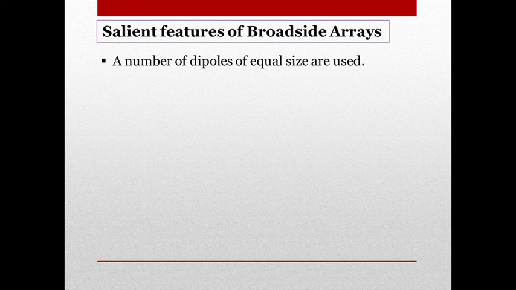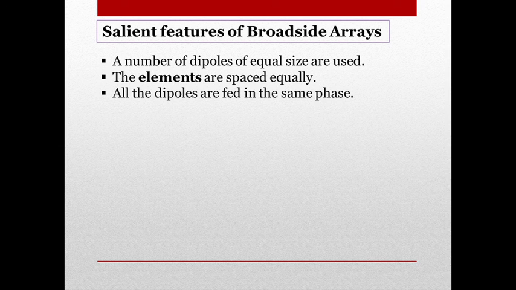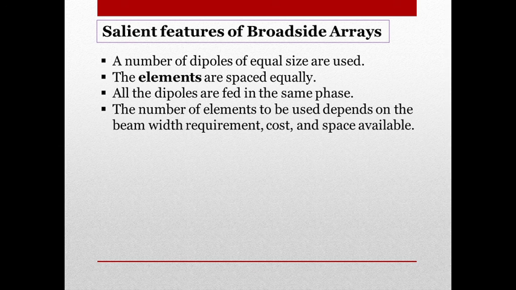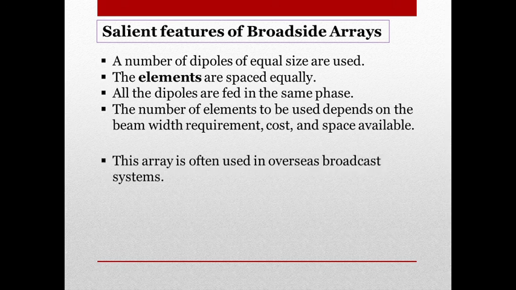Now, salient features of broadside arrays. Salient means unique features. The first one is that a number of dipoles of equal size are used. The elements are spaced equally. All the dipoles are fed in the same phase. The number of elements to be used depends on the beam width requirement, cost, and space available.